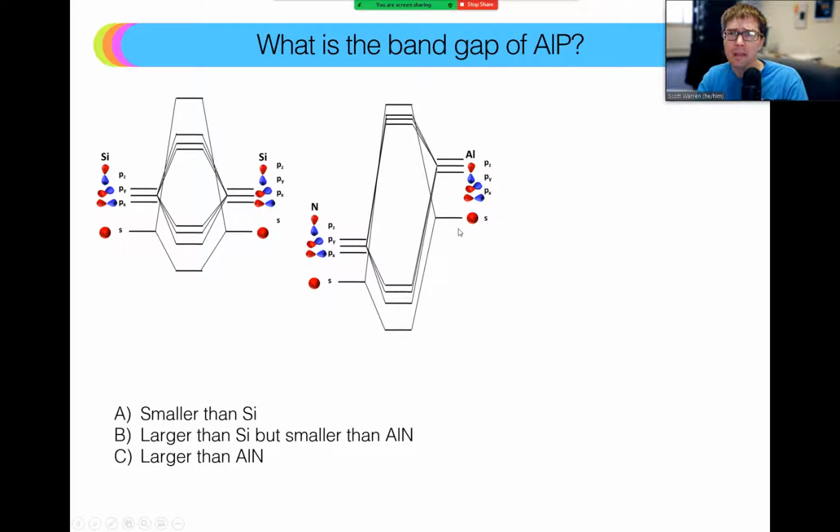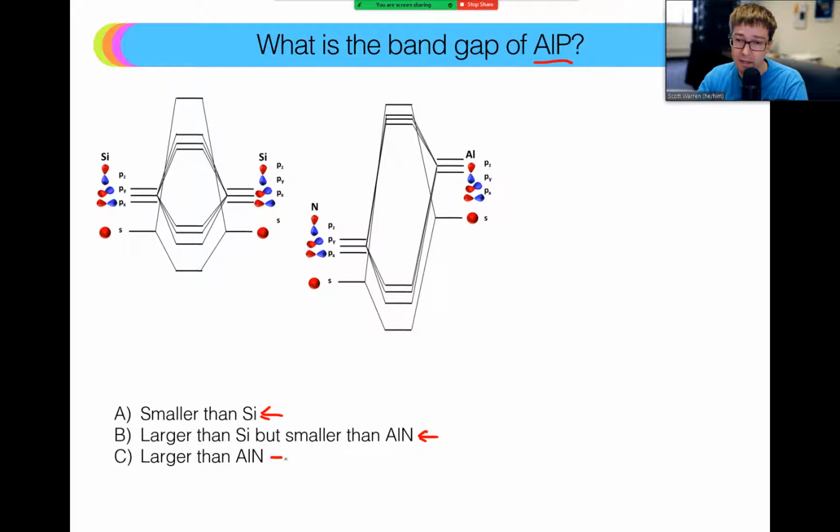Okay, so let's do some comparisons now. What is the band gap of aluminum phosphide? And let's just take a quick look at our answers here. So we could have a possibility of it being smaller than silicon. It could be larger than silicon but smaller than aluminum nitride.